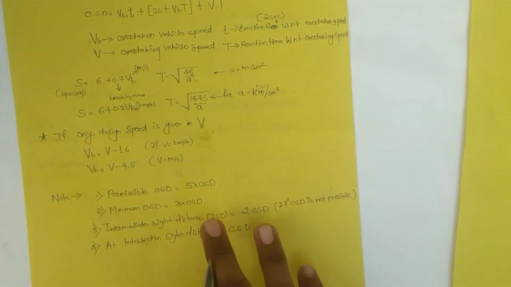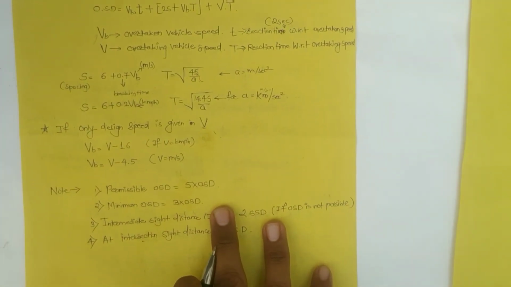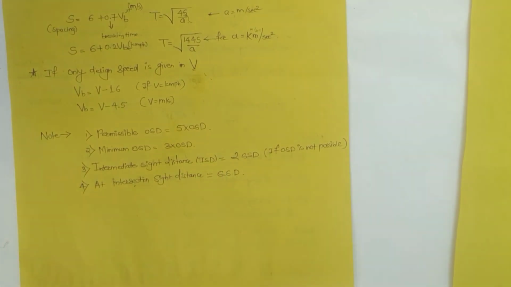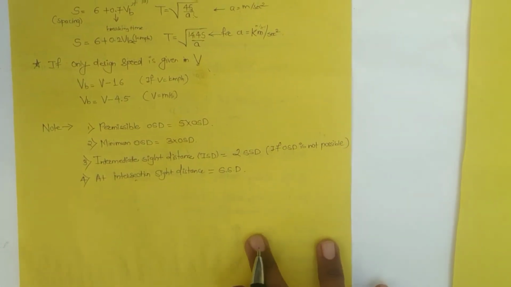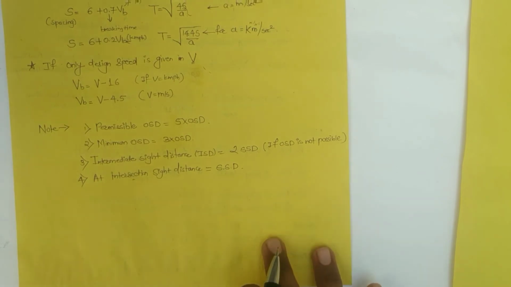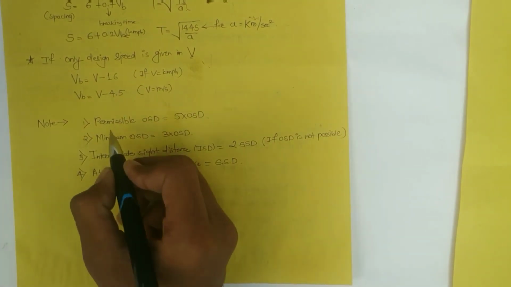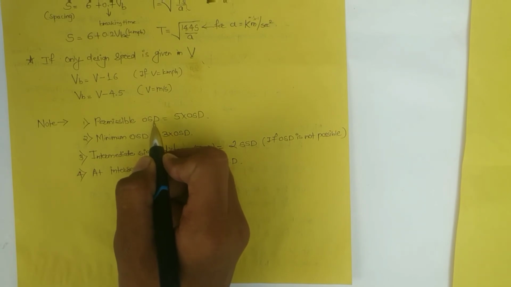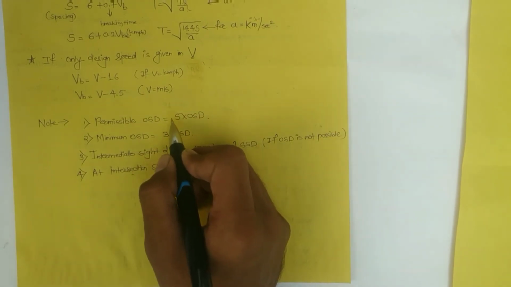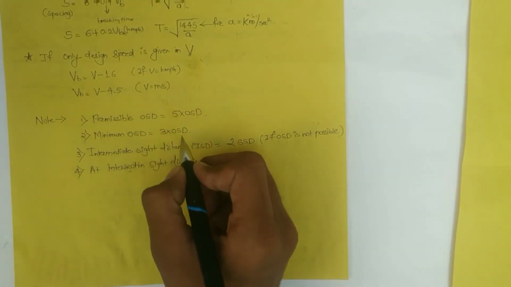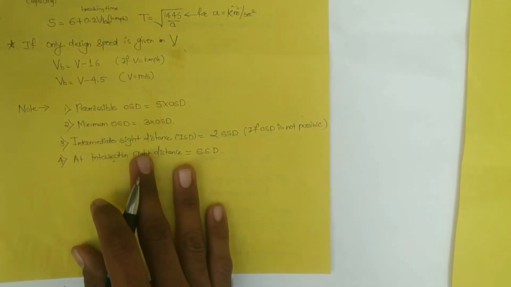As we saw in stopping sight distance, the permissible value for the sight distance changes with respect to the vehicle traffic, but in this case the permissible OSD, that is overtaking sight distance, is provided as 5 times the OSD calculated, and the minimum OSD is 3 times the OSD calculated.